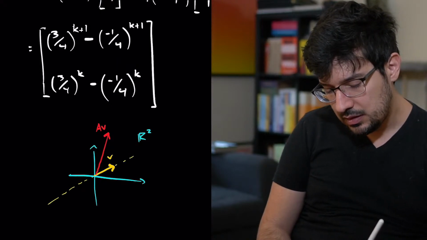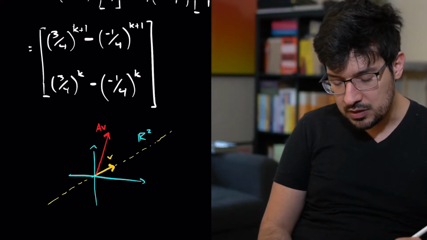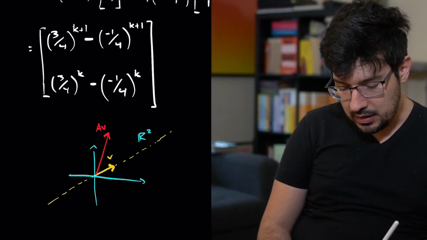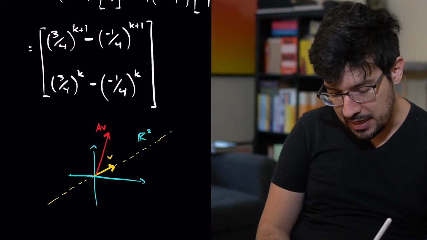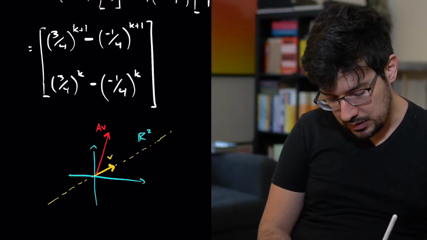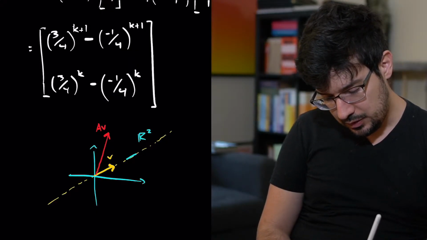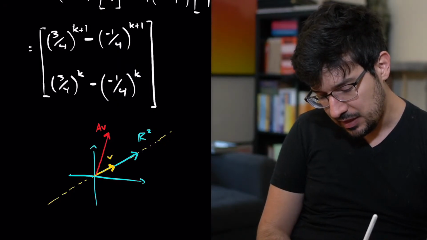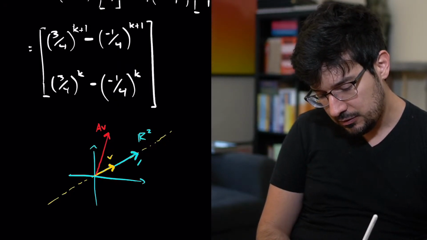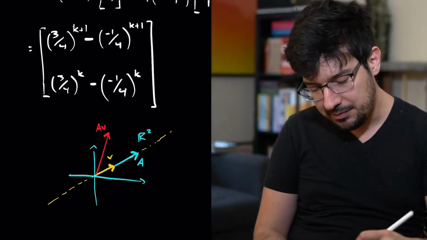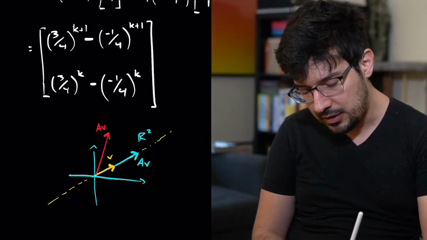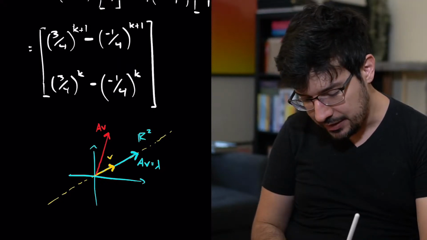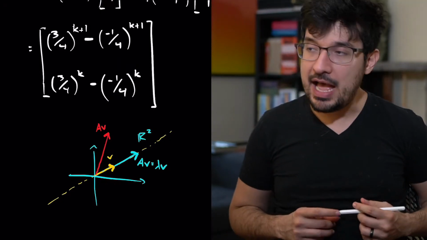Eigenvectors and eigenvalues are special vectors where when you multiply it by that matrix, you get another vector on the same line. So it stays in the same line, it keeps the same angle that it originally had.